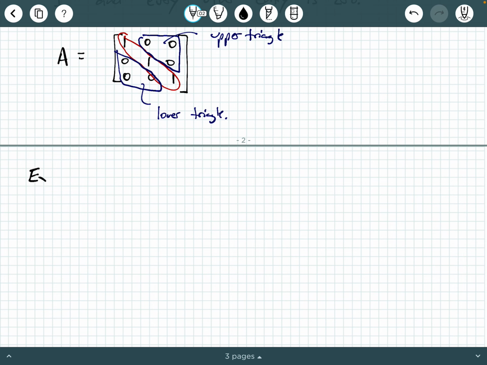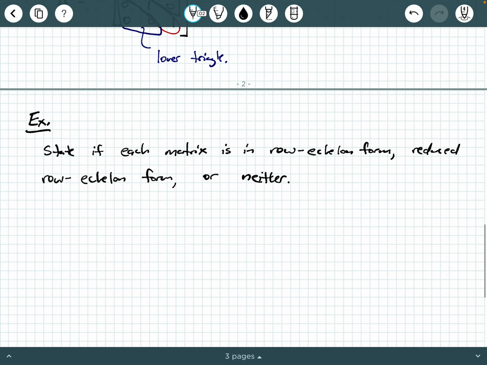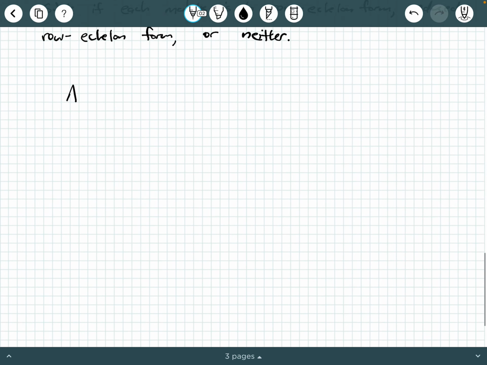Okay, so I'm going to say example. State if each matrix is in row echelon form, reduced row echelon form, or neither.